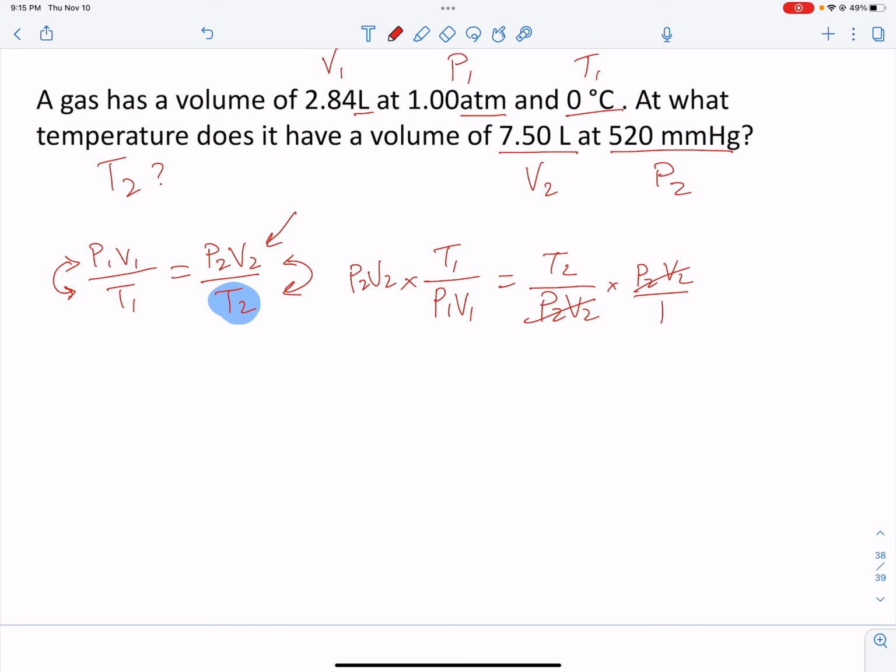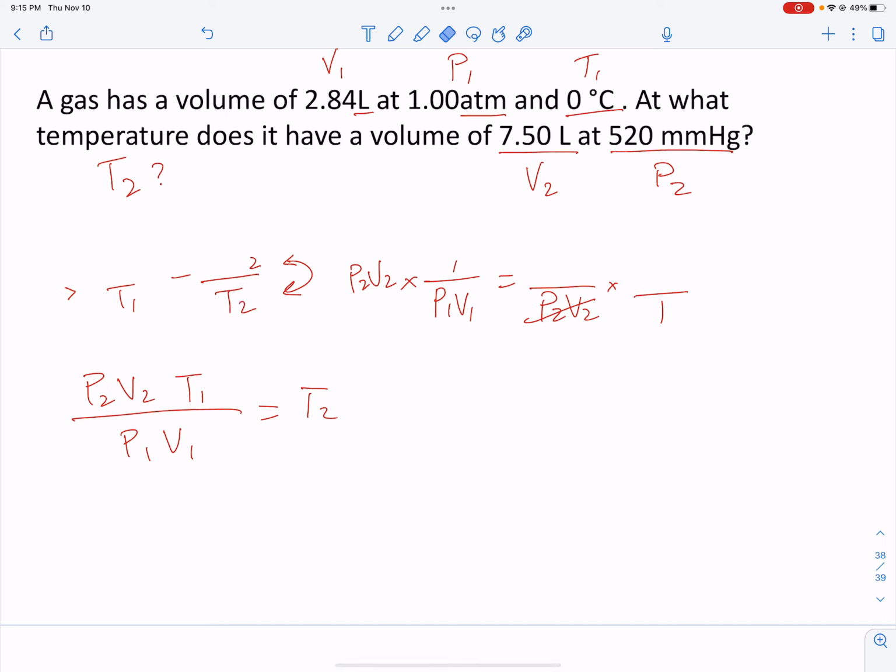I'll write it like this: P2 V2 times T1, so these are all on top, divided by, on bottom, P1 V1, is equal to T2. All right, so we have a correct equation now, and I'm going to get rid of everything above this because I need some space.